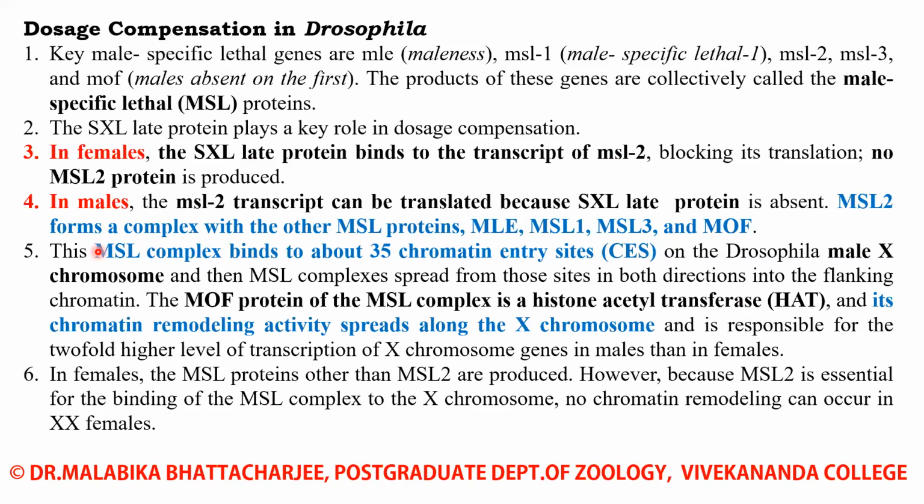So we have the normal transcription level occurring in the X chromosome of the female Drosophila, while in the X chromosome of the male Drosophila, a heightened transcription, a double dose of transcription, is observed because the MOF protein of the MSL complex can add acetyl molecules to the histone lysine residues, thereby opening up the DNA from the histone, favoring further the transcription machinery to access the open DNA.